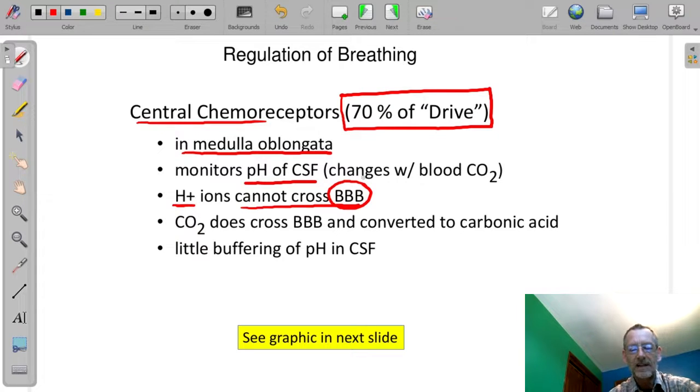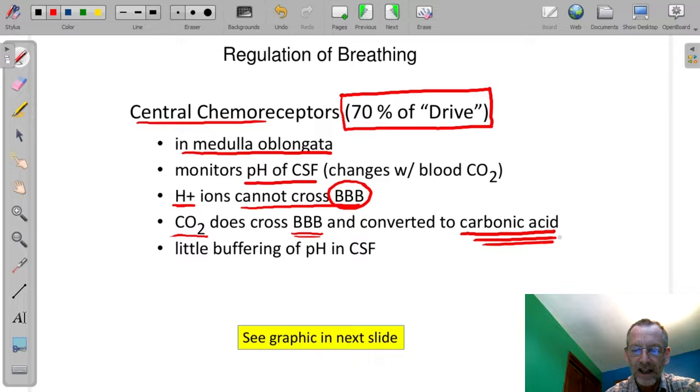But the carbon dioxide that is floating around in the blood can cross the blood-brain barrier. It diffuses across, simple passive diffusion, and gets converted to carbonic acid through that same reaction that we've looked at.